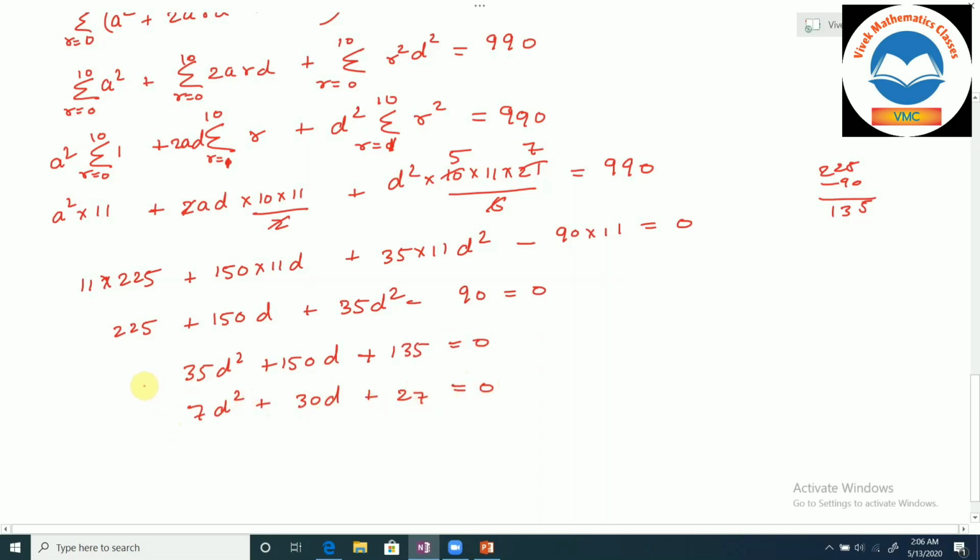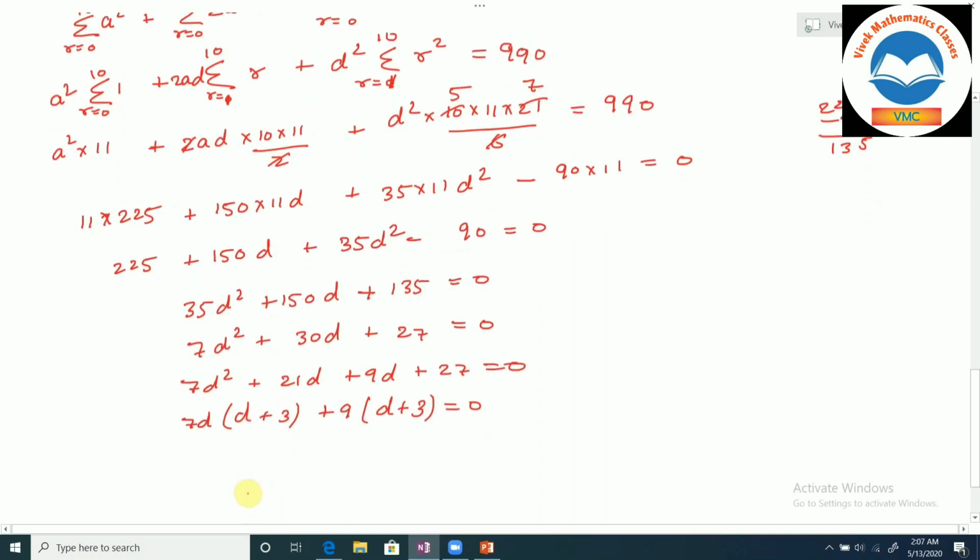Now this we need to solve. This 27 into 7, we factor this, 30 we need to bring. So 21 plus 9, yes, 7d square plus 21d plus 9d plus 27 will be 0. Then in this, if you take 7d common, you will get d plus 3 plus 9, if you take common, d plus 3 will be equal to 0.